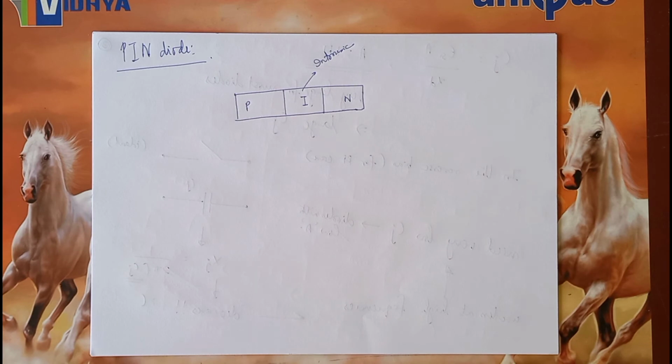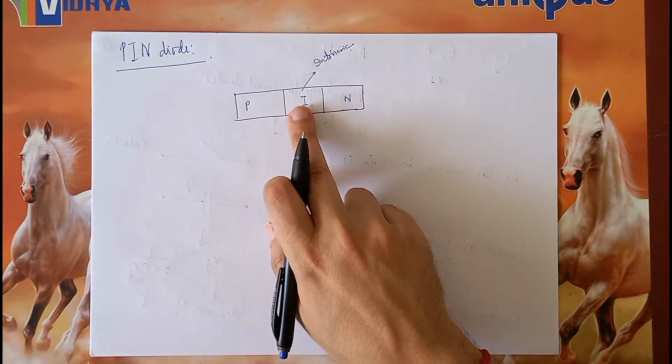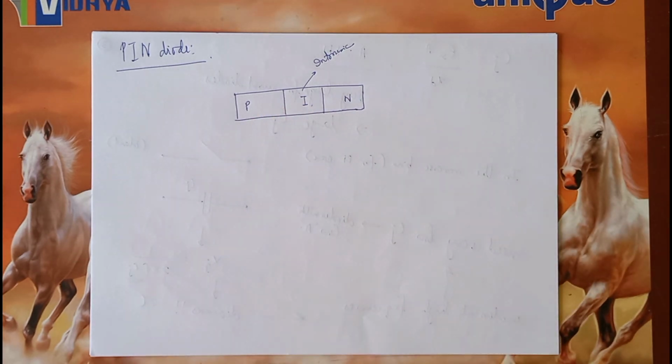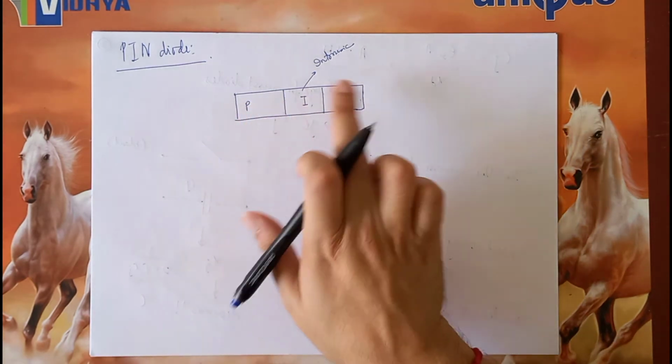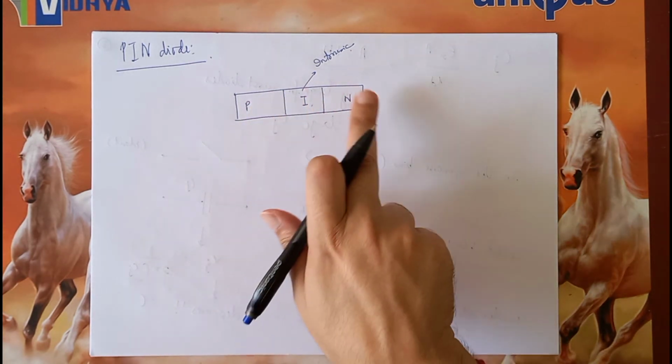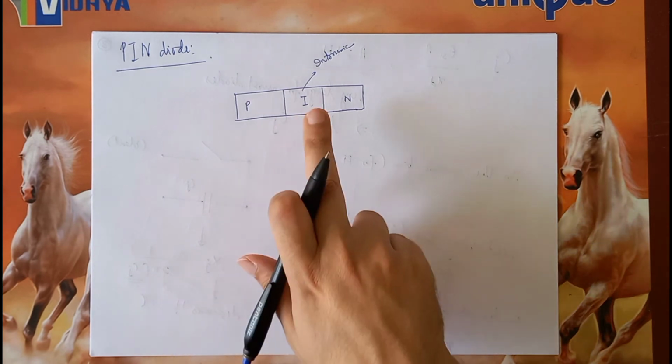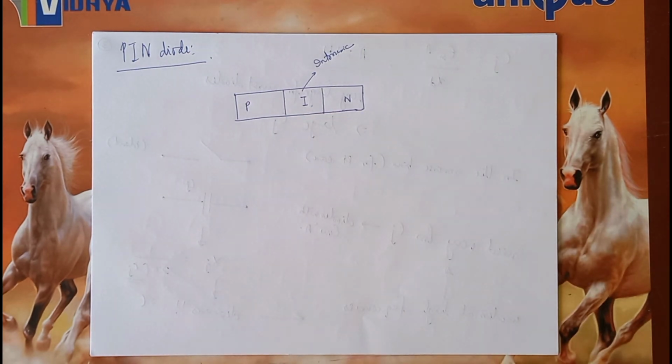Now, as you know, intrinsic semiconductors by themselves at equilibrium at room temperature are insulators. To make semiconductors have conductive properties, we go for doping. So these P and N are doped regions, but this I is an undoped region.